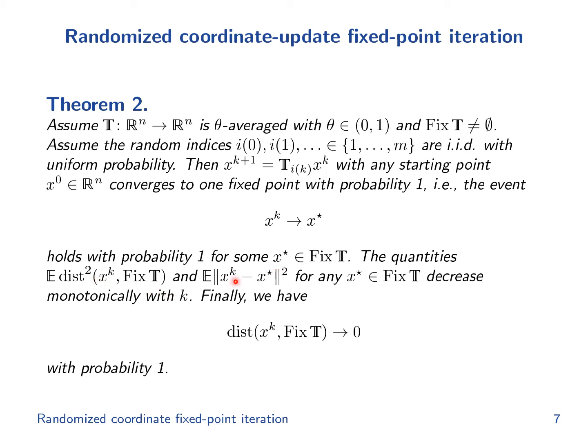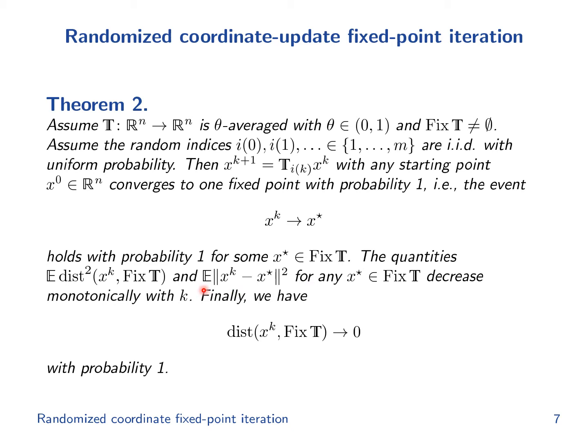And there are two expectation quantities that will be monotonic in k. The first one is the expected squared distance of xk to the fixed point set, where the expectation is taken with respect to the entire sequence of random indices.